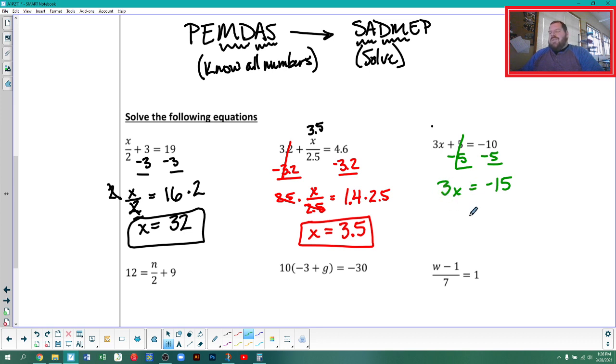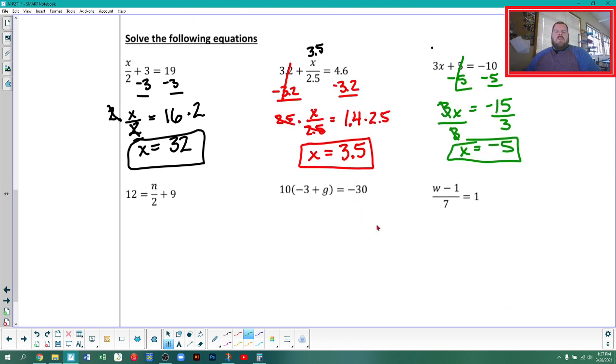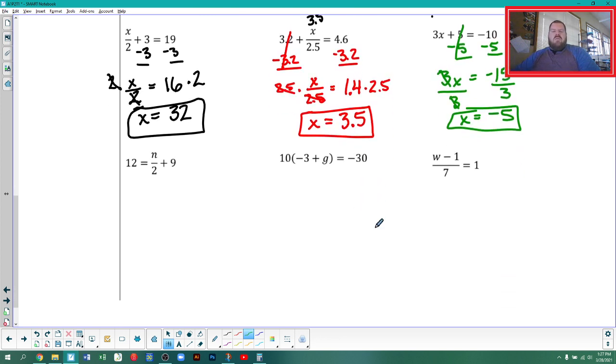And now it's a problem that I saw yesterday. 3 times x, I want to undo that multiplication. So x is going to be equal to negative 5. And just to kind of talk through it, negative 5 times 3 is negative 15. Negative 15 plus 5 is negative 10. It works out. Okay. These problems are just to show you that the variable can be in different locations.